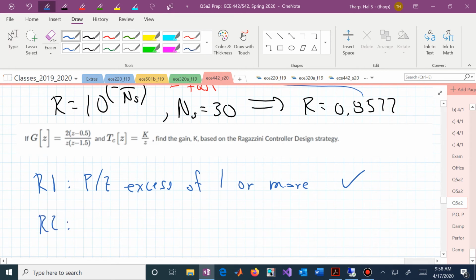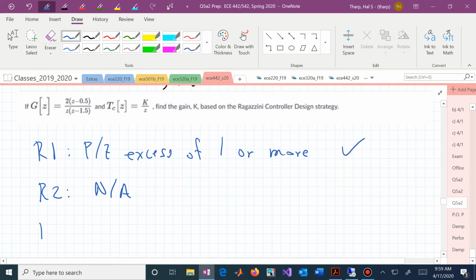Restriction 2, do we have any unstable zero factors in our plant? Restriction 2 isn't applicable. Restriction 3, however, is.